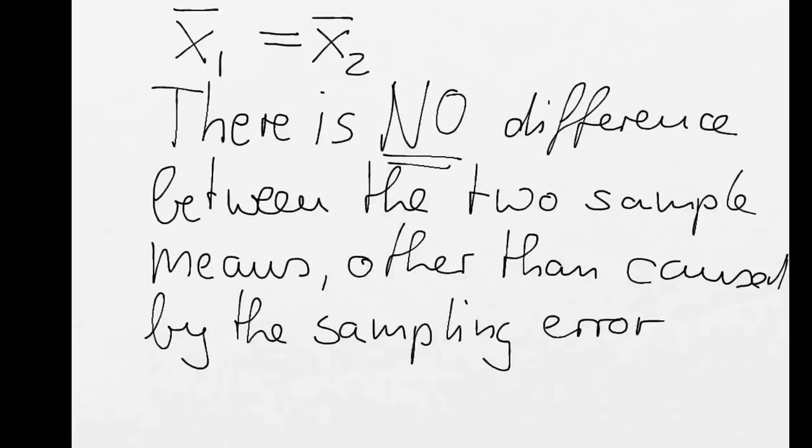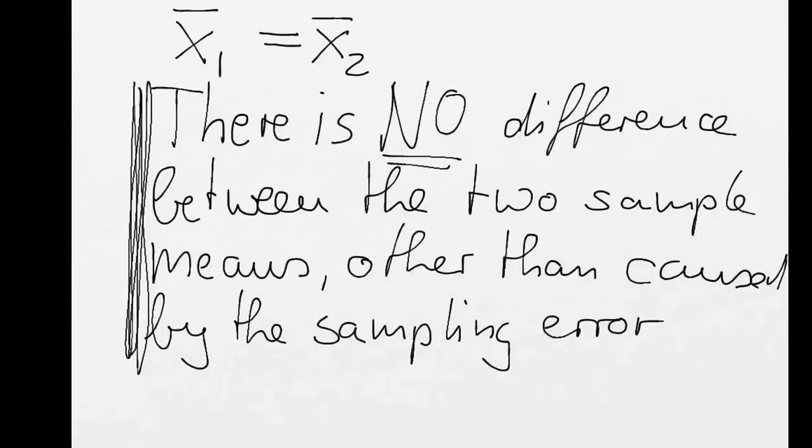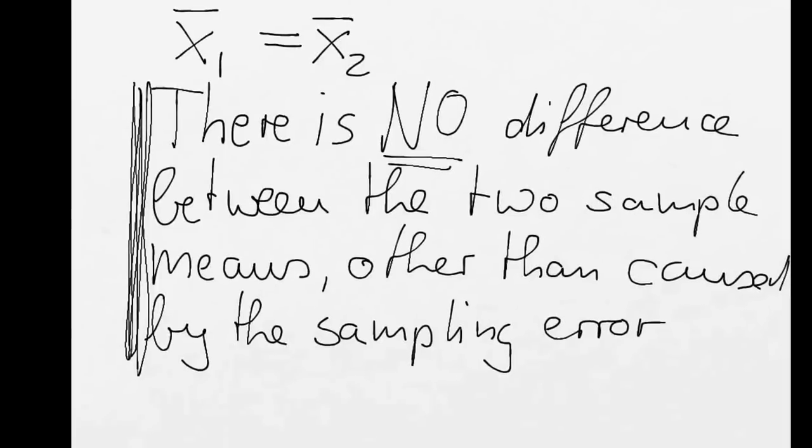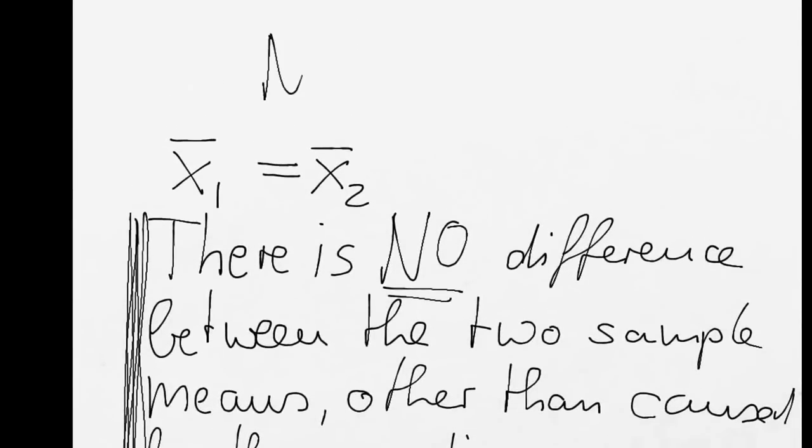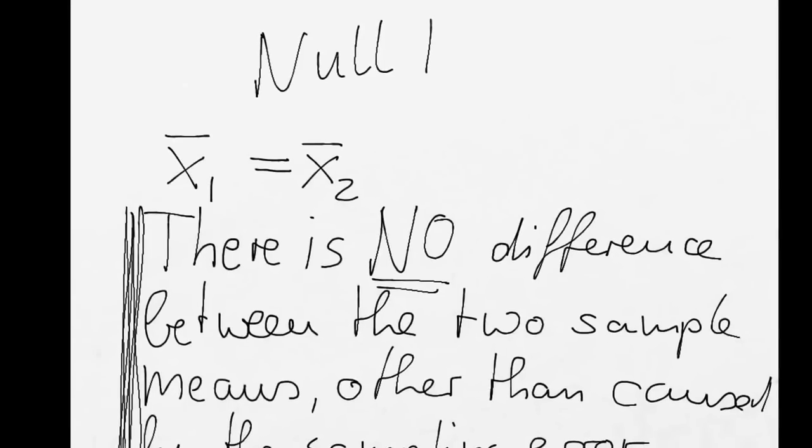And this statement, actually, I want you to learn this. I don't usually ask people to do that. But in this case, I want you to learn this statement by heart. And this statement has a name. This statement is called the null hypothesis.